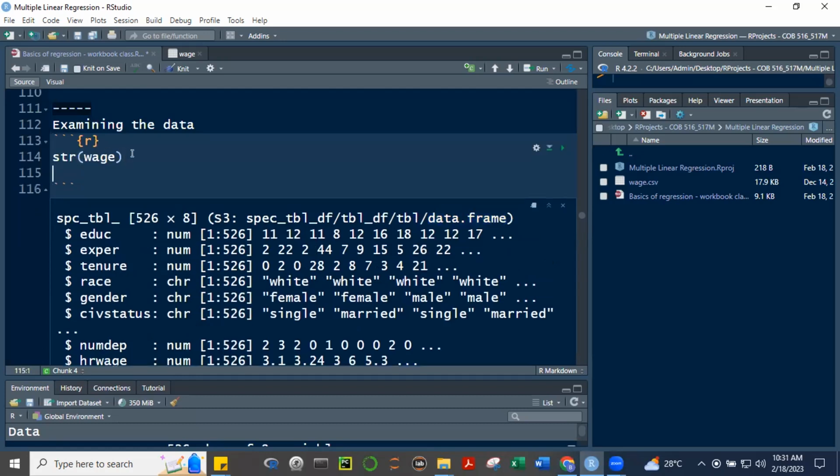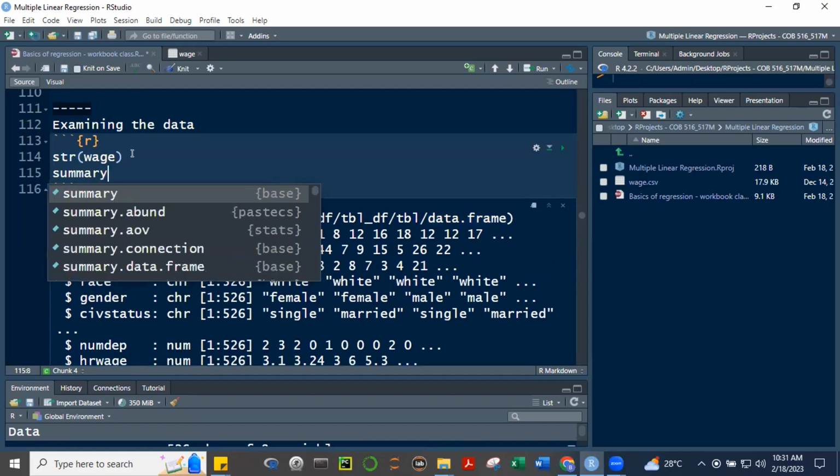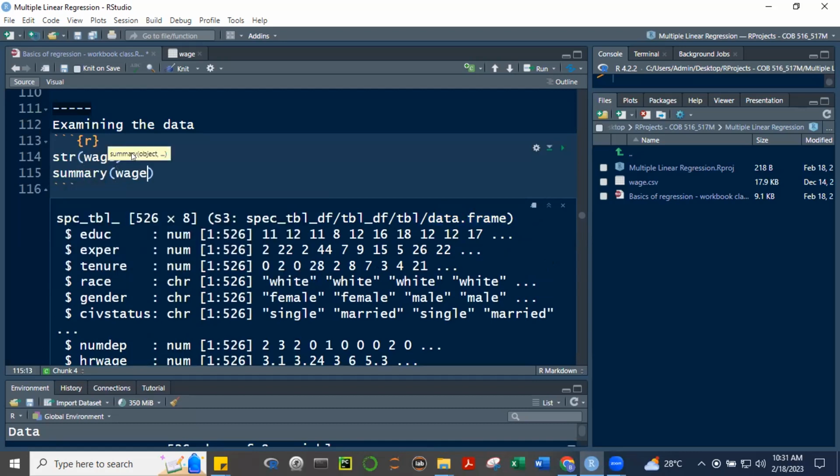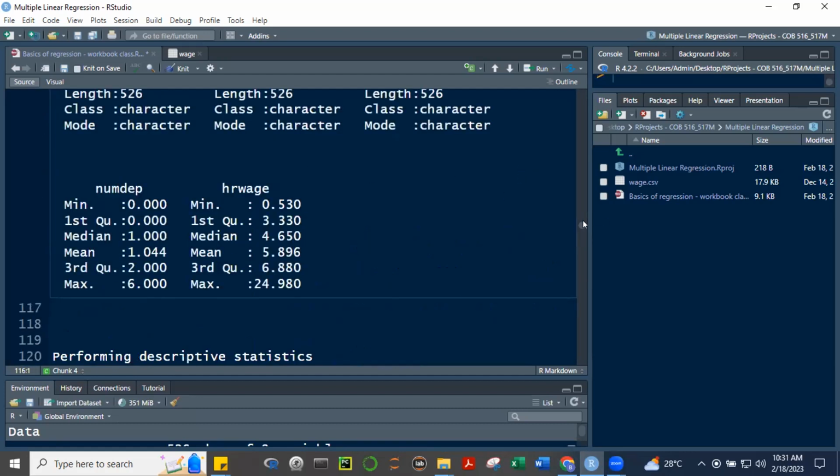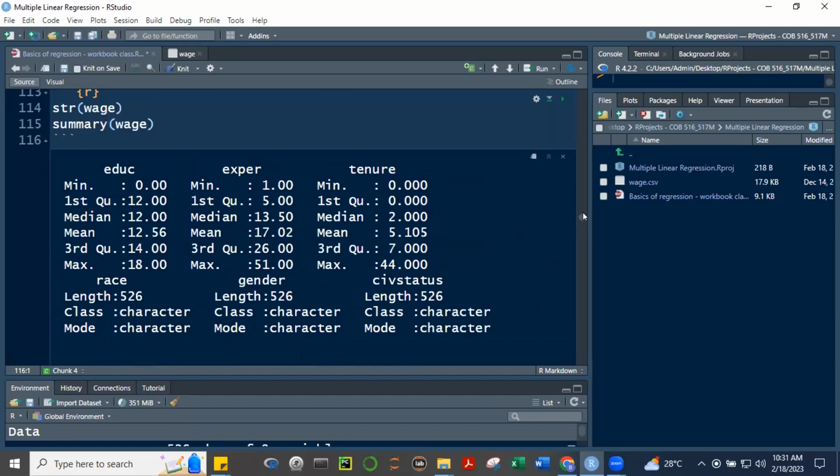So that's what the structure will give us. Tapos yung summary naman will give us the summary statistics. So we have education, no? Andiyan yung minimum, maximum, first quartile, second quartile, third quartile, and then the average. Ganun sa lahat ng mga numerical, ibibigay yung 5-number summary plus the mean.